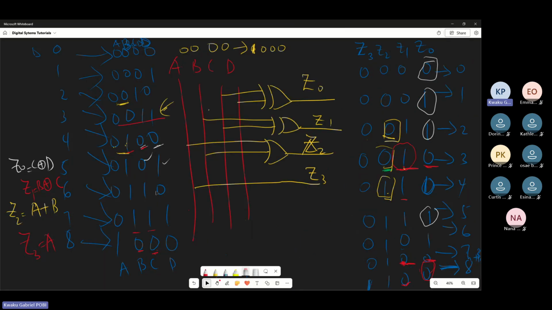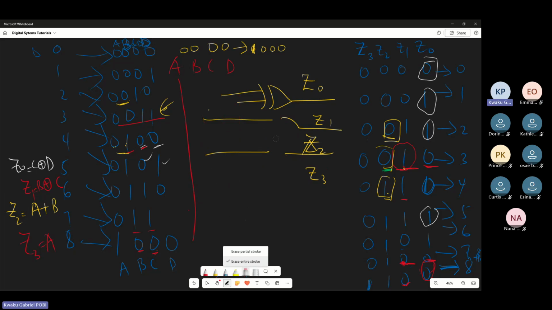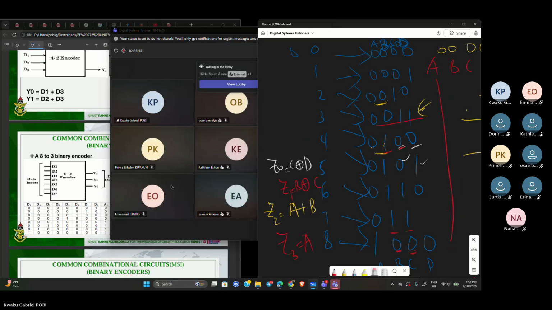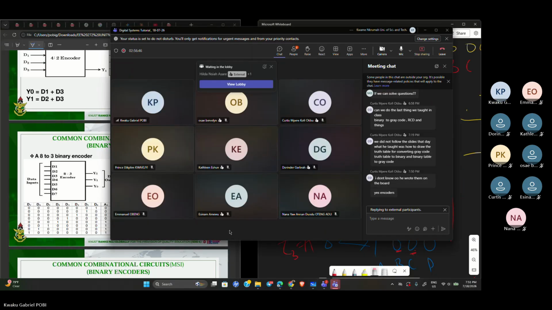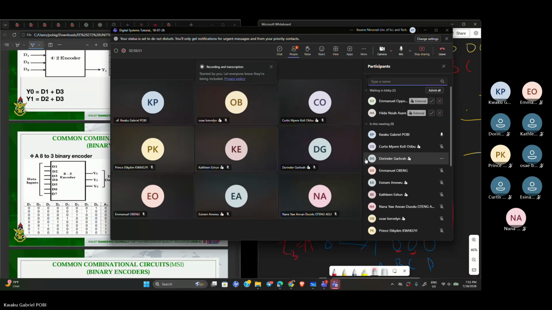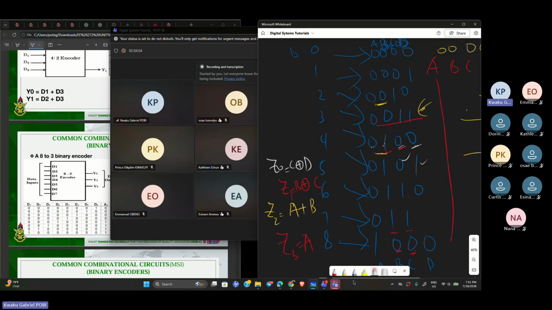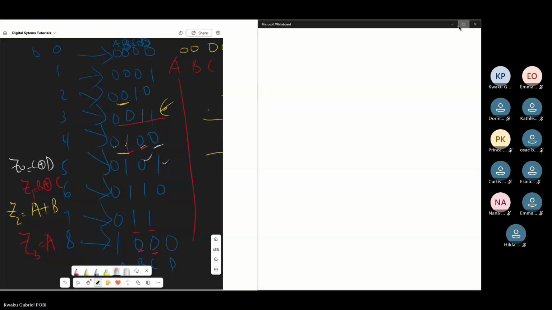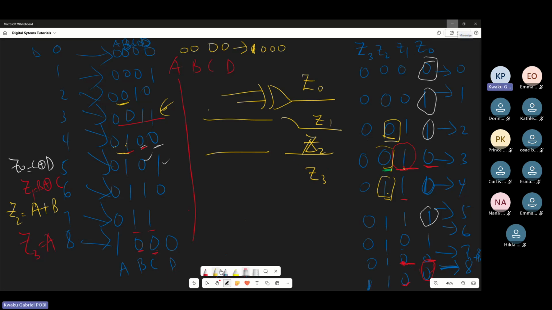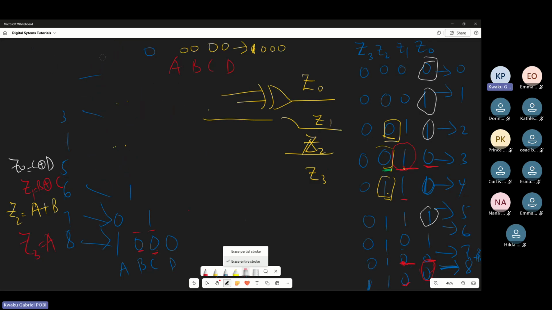So for encoders, encoders is just about you trying to transmit something, but it's like bulk data.